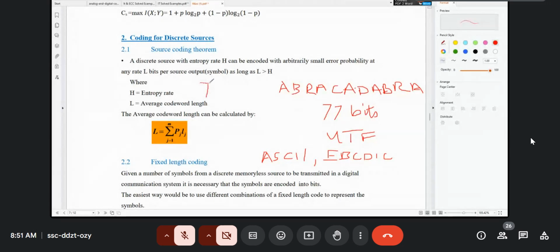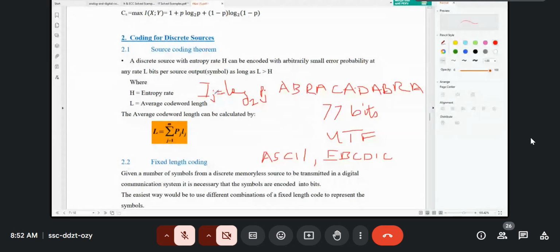Remember we said I of x is equal to log 2 of 1 over p of x, or minus log 2 p of x.